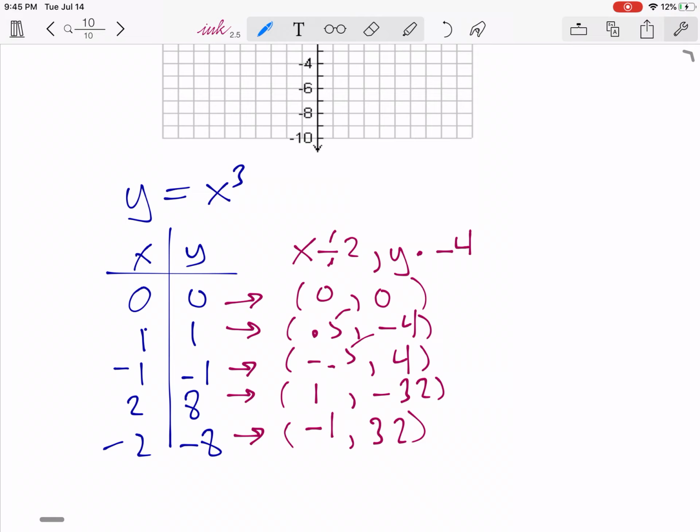The next thing we can do is work on the translation. For x, we're going to go to the left 2, so we're going to take away 2. And for the y, we're going down 5, so we're going to take away 5.